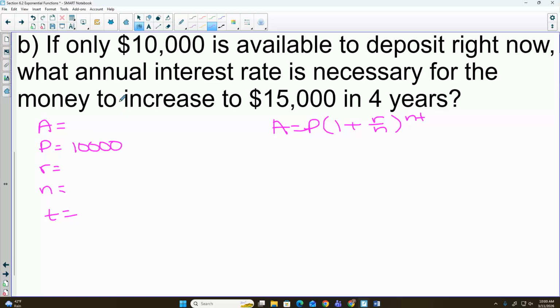What annual interest rate? So if it's annual, how many times are we compounding per year? I'm looking for my rate, so R is my question mark. What is necessary for the money to increase to $15,000 is what I want to end with, so that's still my A, in 4 years. So the time is 4.